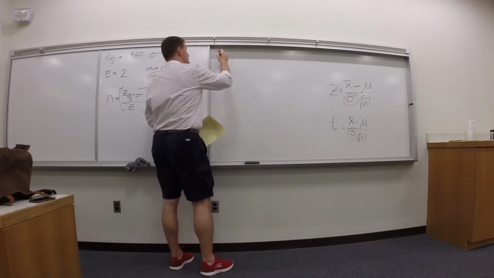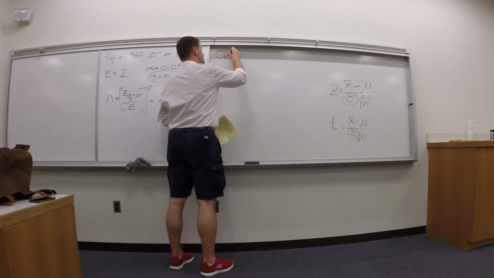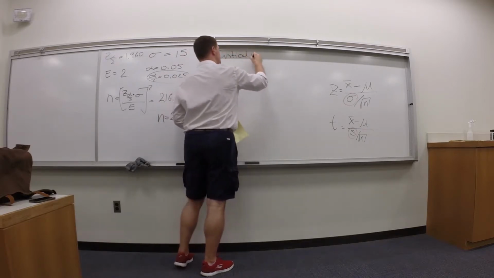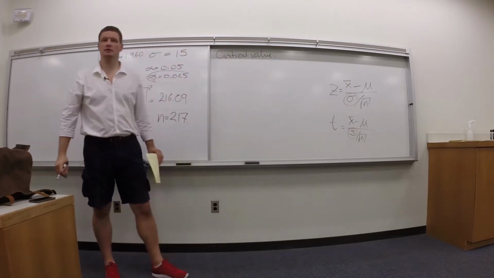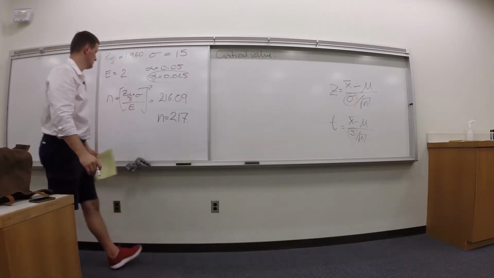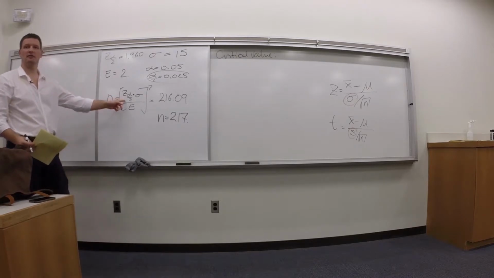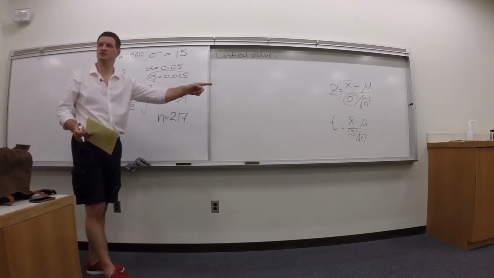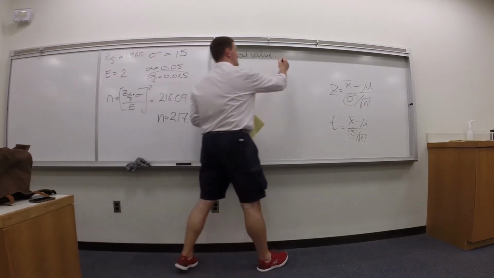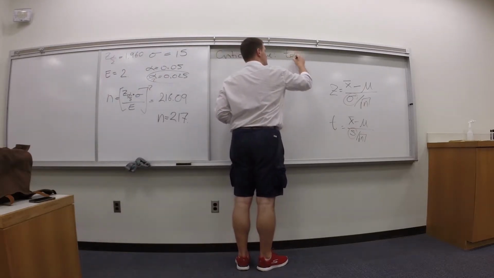Okay. Well, what's next? Well, critical value. Our critical value was based on what? On Z alpha over 2. But we cannot have Z alpha over 2 because we cannot have Z scores. So the critical value became T alpha over 2.